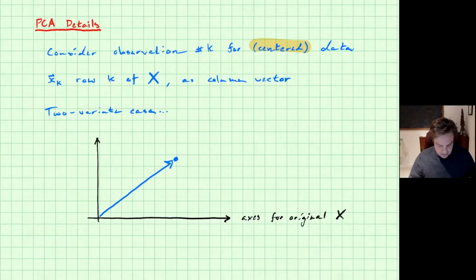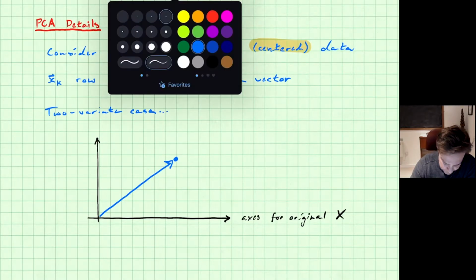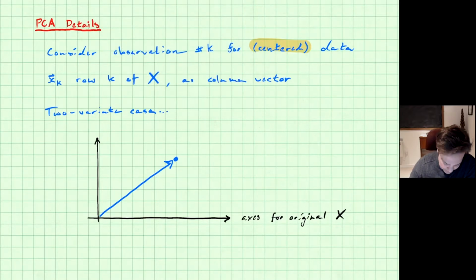And we can express that in the language of this space. How much does it move along the horizontal axis? That's stored in X, row K, column 1. And how much does it move along the vertical axis? That's stored in X, row K, column 2.